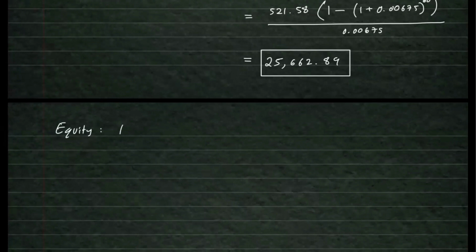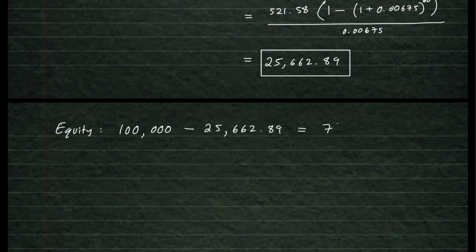You take the value of the house at the moment, take away the remaining balance on the loan, which is 25,662.89. And this will give you $74,337.11. Okay, so that is their equity in the house.